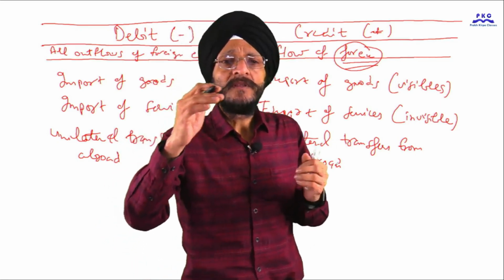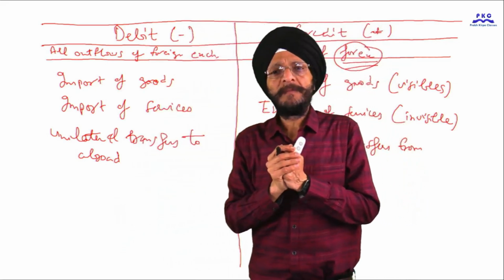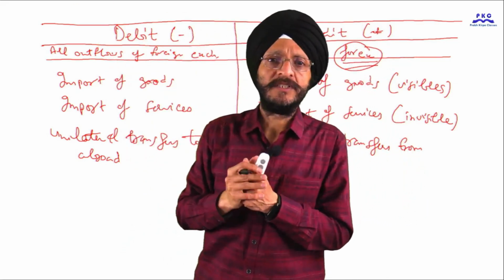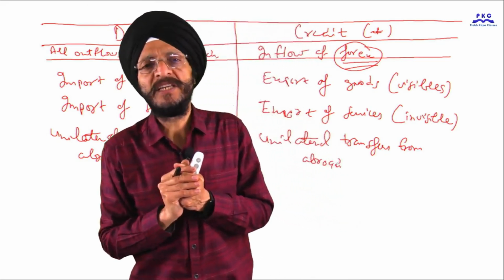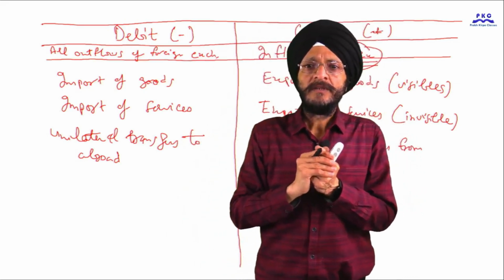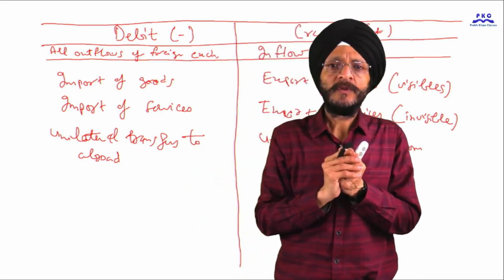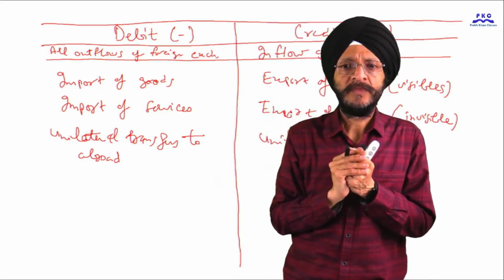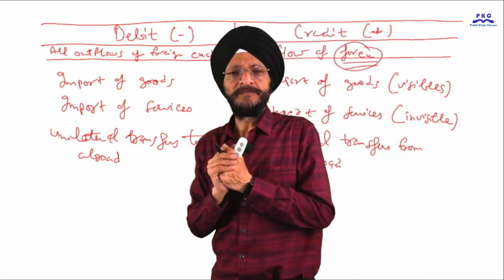Then we may be making some investment in foreign countries and we may receive some sort of profits or income or rent or dividend.